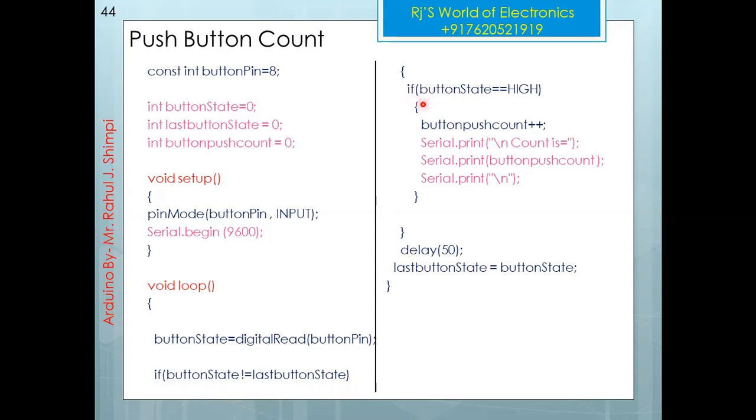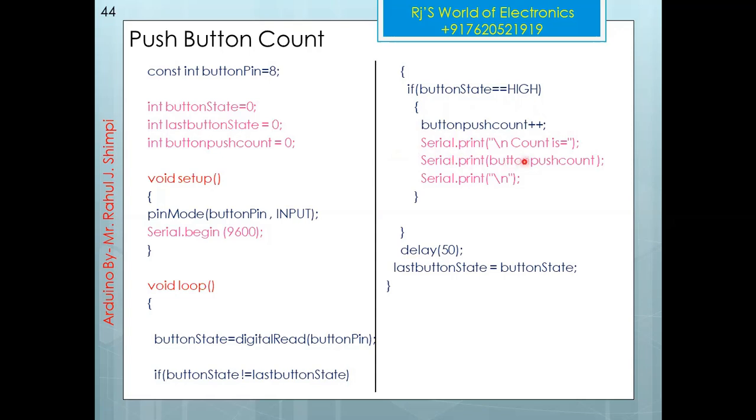That is, if buttonState is equal to HIGH. If it is true, then it will enter the next line, that is buttonPushCount plus plus. So it will increment the buttonPushCount by 1. Then it will print. To print the value on the serial monitor, there is the function Serial.print.